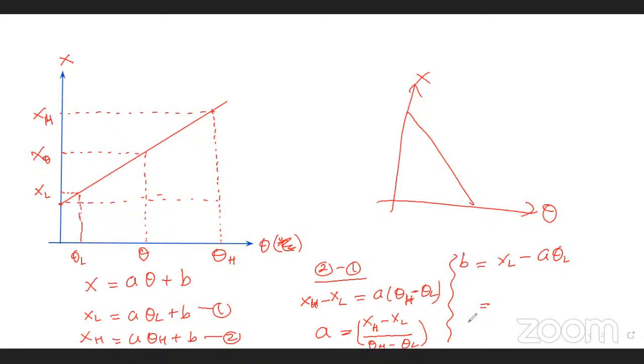We can take it directly like this, with the low fixed point and theta. So that is XL over XH minus XL times theta H minus theta L, and theta X, right? So simplify, make it simplified, just so you can get a value for B. I will directly write here, right?